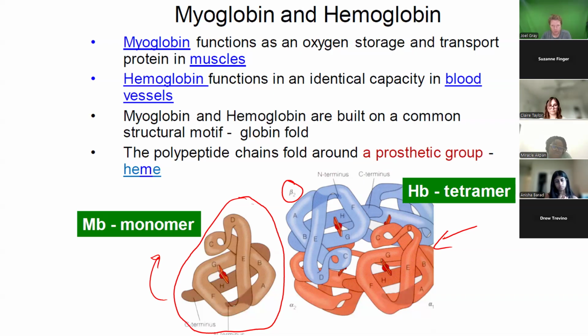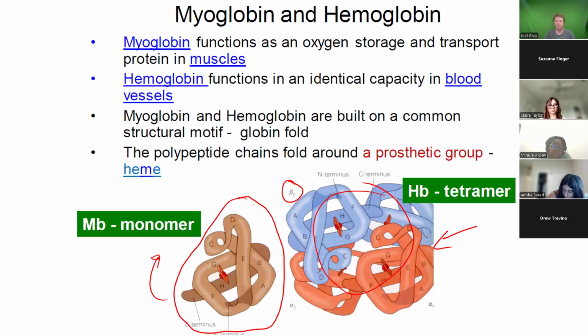That is not the case. Myoglobin is its own protein. Myoglobin, as its own protein, exists as a monomer. Hemoglobin is 4 different proteins. Those 4 different proteins are very, very similar, and they cluster together to give us a tetramer.